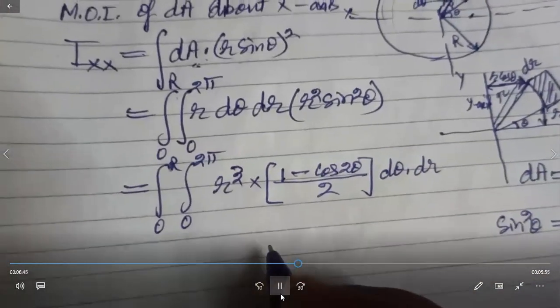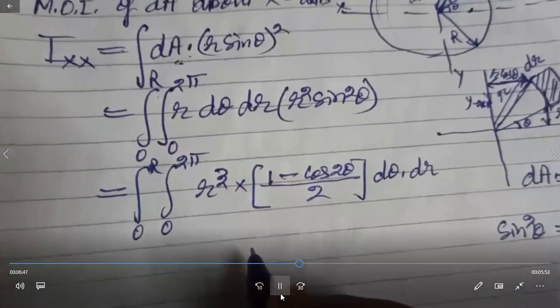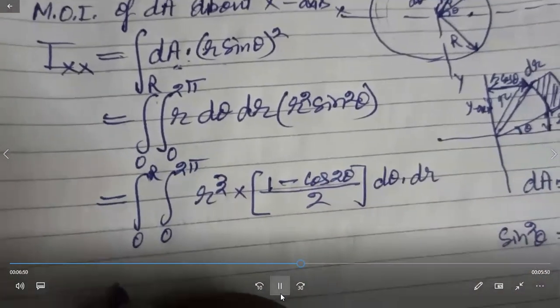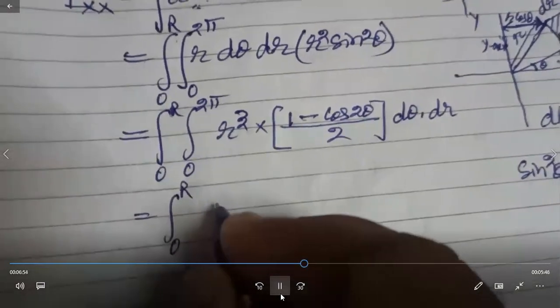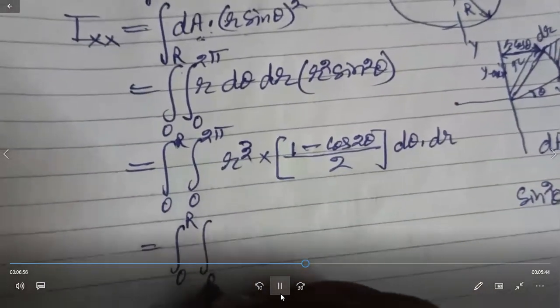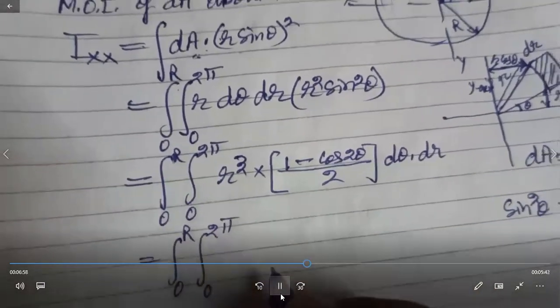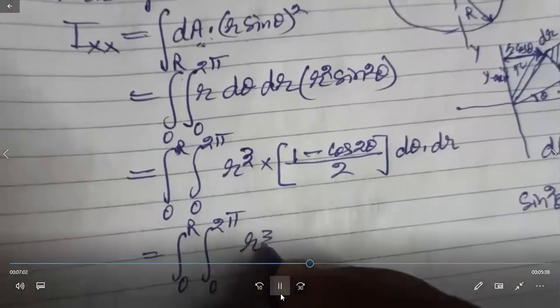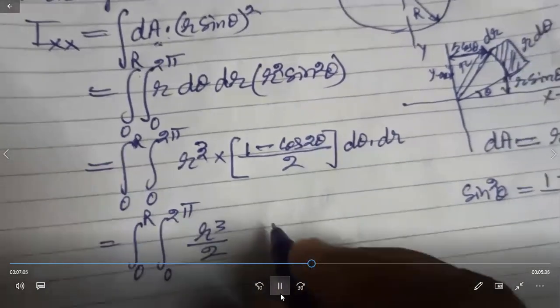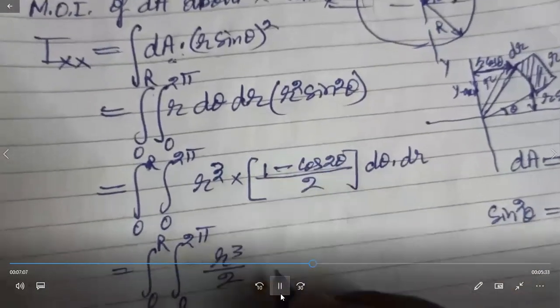Now on integrating, this is equal to 0 to R and 0 to 2 pi, and this 2 is constant, so r cube by 2, and first integrate it.